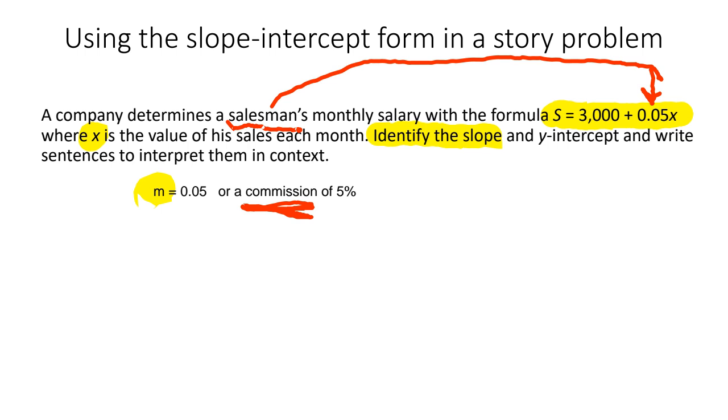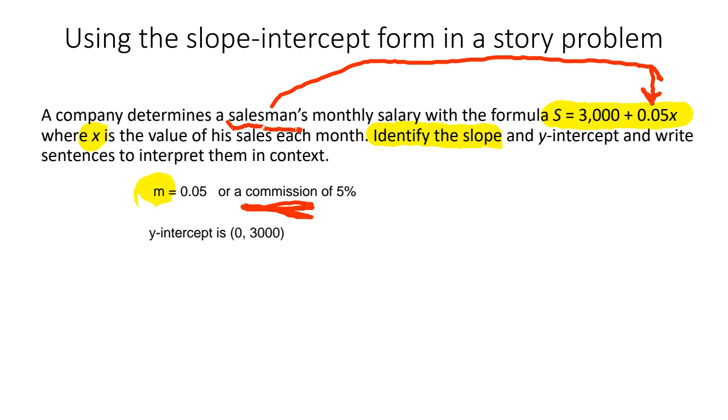Okay. Now, it says write sentences to interpret the slope and the y-intercept. Okay. Now, the S represents his salary.